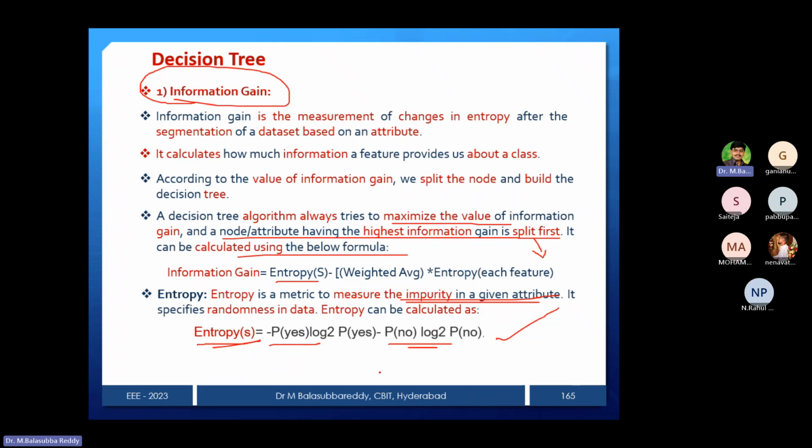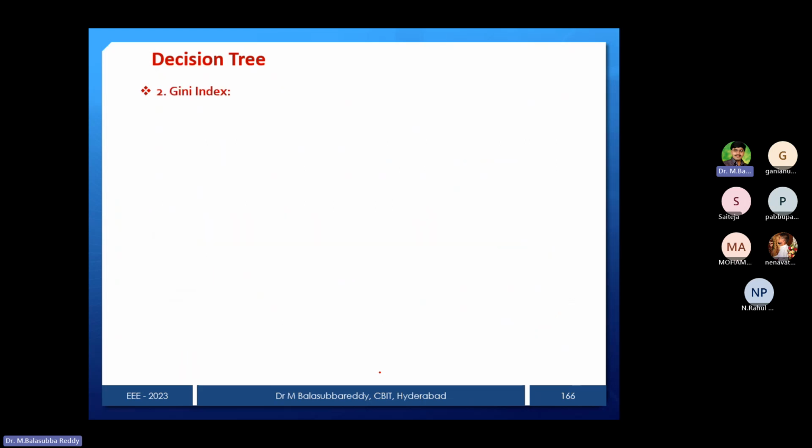So it is not random in data, it is impurity in a given matrix. So in this, you are calculating probability of S into log base 2 of probability of S, minus probability of no log base 2 we can get under the no condition. So these are the things.